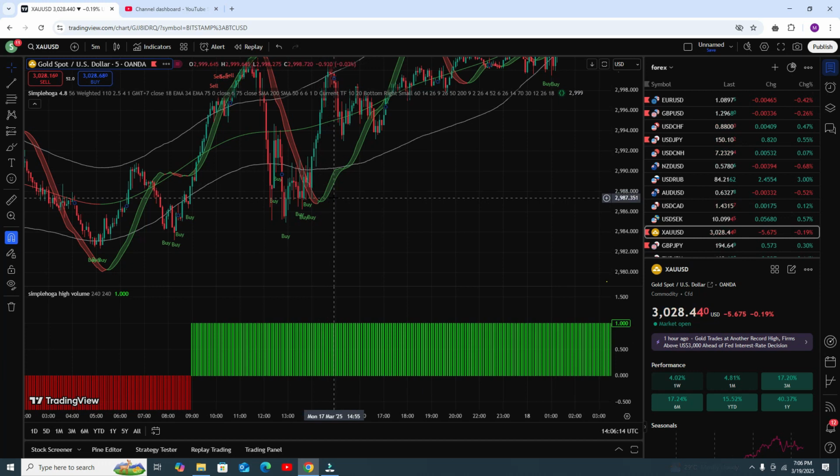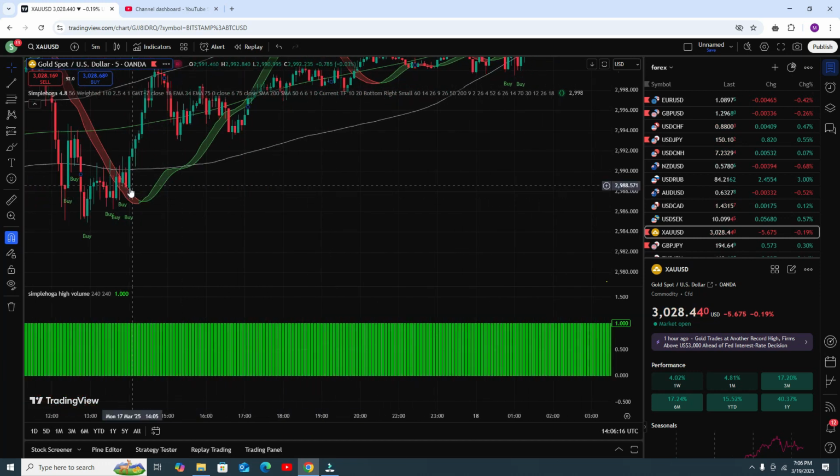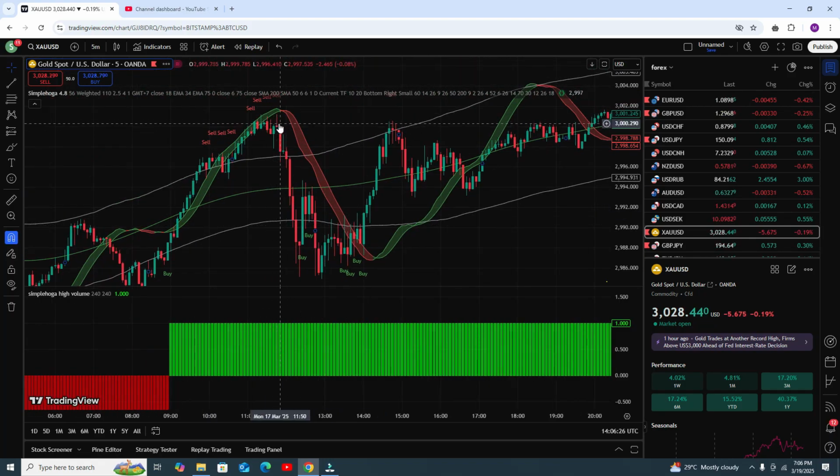Okay, now this is your entry, because if you see, the candle is touching the lower band line. From this point the market is going downside, but the candles are below the RSI.